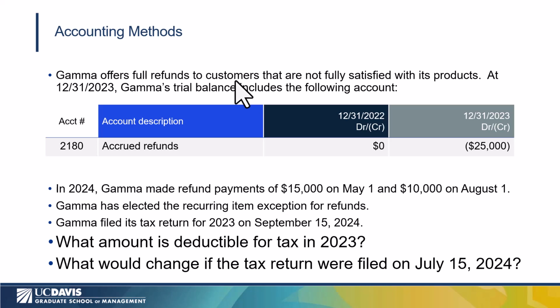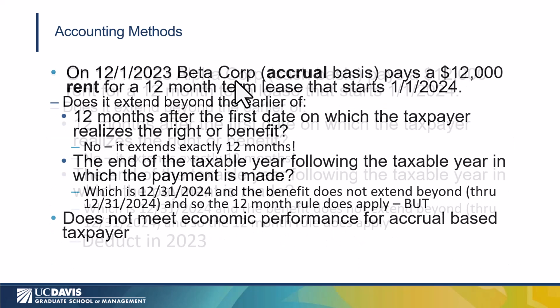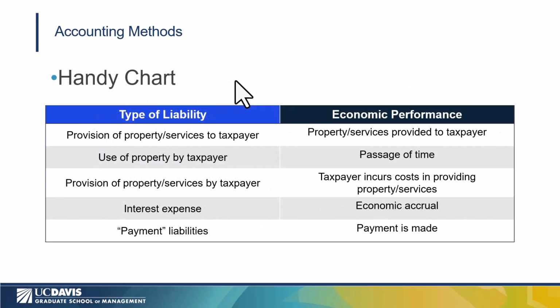So they've submitted the paperwork and said, hey, we want our money back because this is an accrued refund. It's not a refund reserve account. Okay, so for book purposes, we go ahead and accrue that, don't we? Are we able to do that for tax purposes? Well, when does economic performance occur with respect to refunds? Well, if you've forgotten, let's go back a few slides, because why not, right?